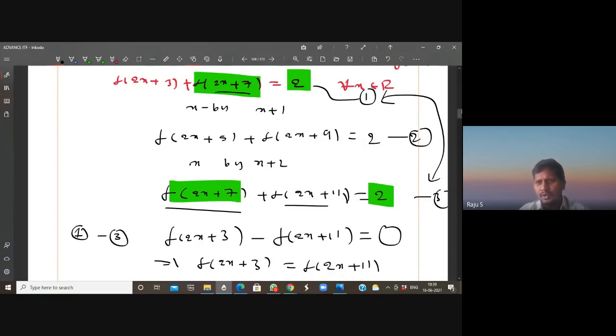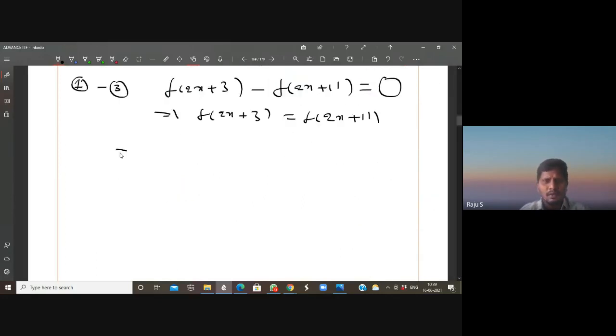Students, what can you conclude here? What is the periodic function condition? f of x plus T is equal to f of x. When we write f of x plus T is equal to f of x, f of x is a periodic function with period capital T. In the same way, anyone, what is the answer here?